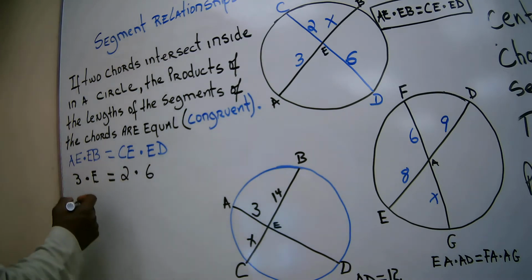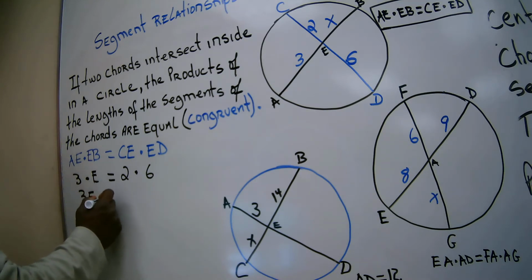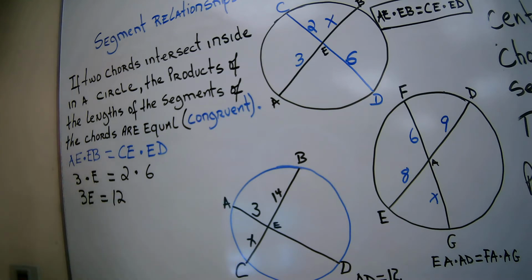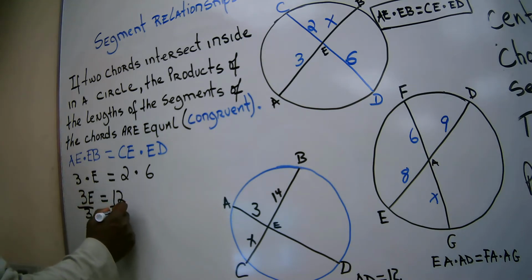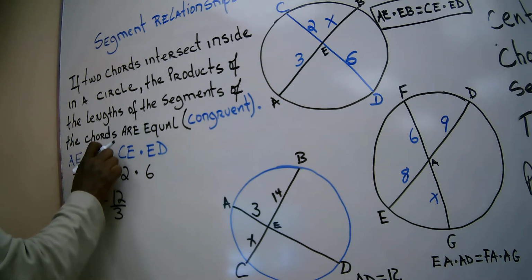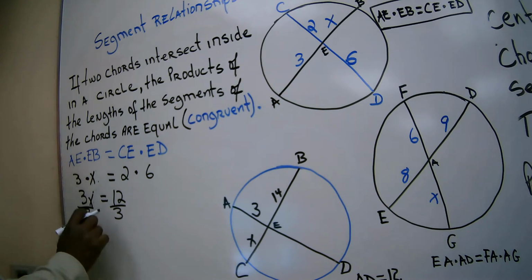Now you perform 3 times x is 3x, equal to 2 times 6, which is 12. In this case, you will be able to solve for x. If you divide both sides by 3, then you will find x. In this case, x is 4.